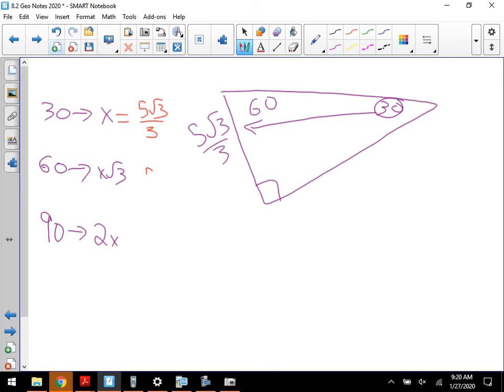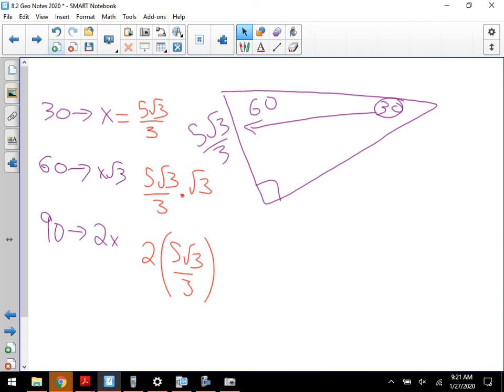So I can get 5 root 3 over 3 times square root of 3, and 2 times 5 root 3 over 3. The reason I wanted to show you this one is so you understand how to enter that in the calculator. You enter it literally like you write it down.